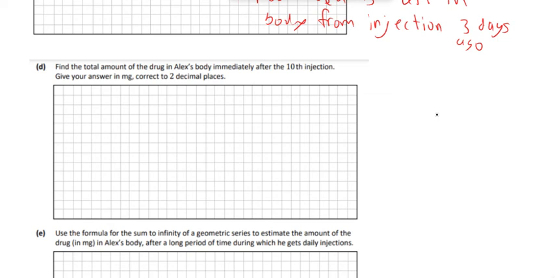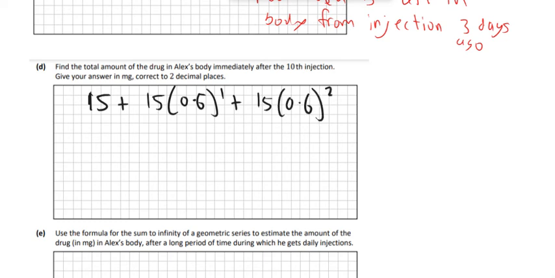Right, so if we're thinking for the 10th injection, on the first day there'd be 15 in his body, and then on the second day, following the formula from before, it's 15 times 0.6 to the power of 1, and then the third day it'd be 15 times 0.6 to the power of 2, and that's going to keep going all the way up until the 10th day. So the 10th day would actually be 15 times 0.6 to the power of 9. It won't be 10, because that's day 1 there.